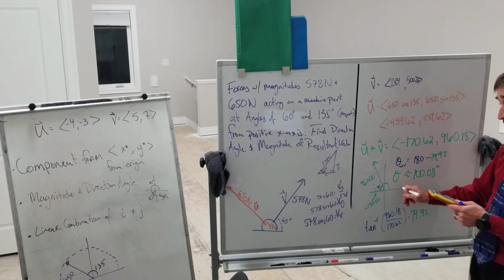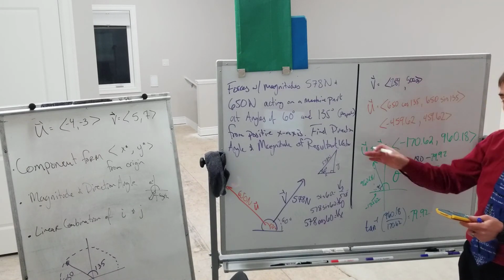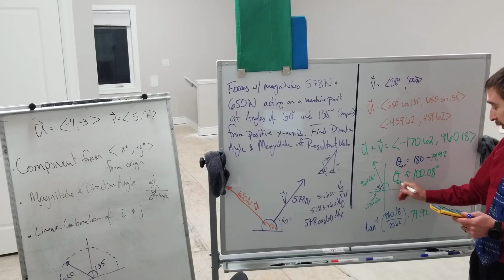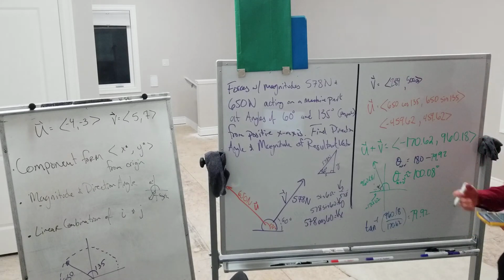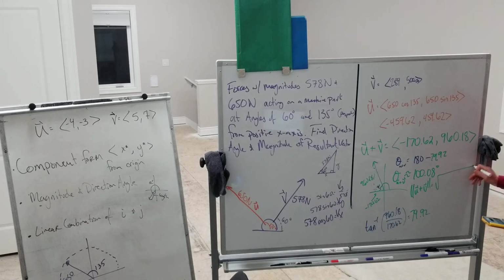That's the reference angle, sorry, not the reference angle, that is the direction angle of the resultant vector. And then to find the magnitude, it's just going to be the square root of the sum of the squares. So negative 170.62 squared plus 960.18 squared.